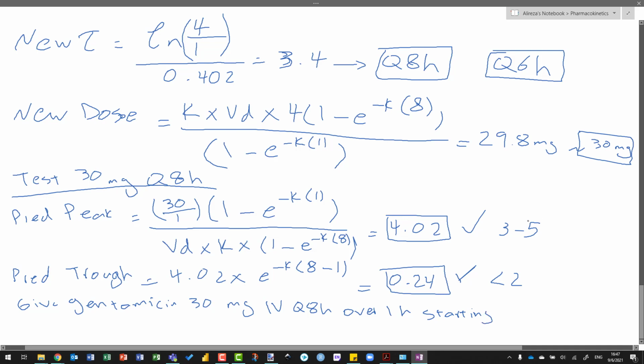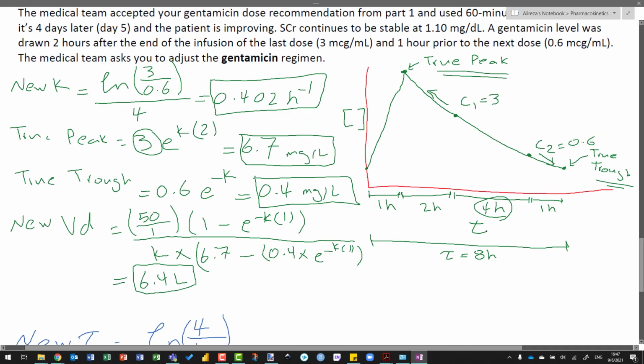Because our levels were not toxic, the reason we started this new dose was that this true peak that we calculated here was 6.7, and our goal was 3 to 5. So because our goal is 3 to 5 and this was 6.7, we are giving more gentamicin than we needed.